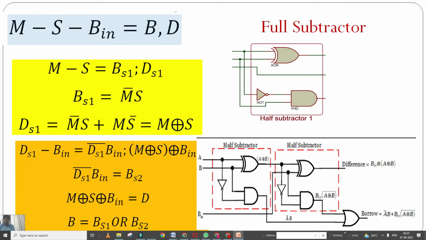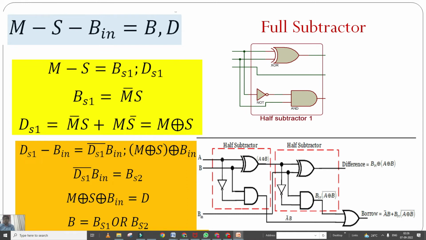So obviously we can express this D as M XOR S XOR B in, and the B is the intermediate borrow output or this step's borrow output.